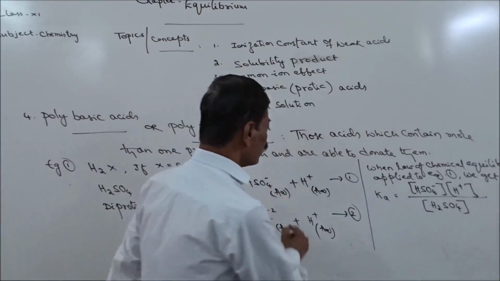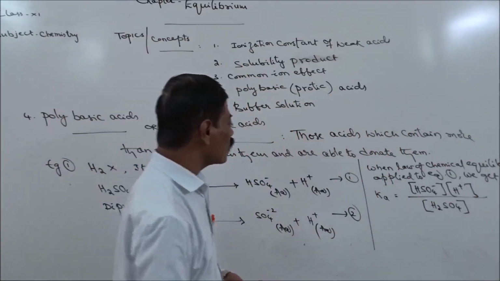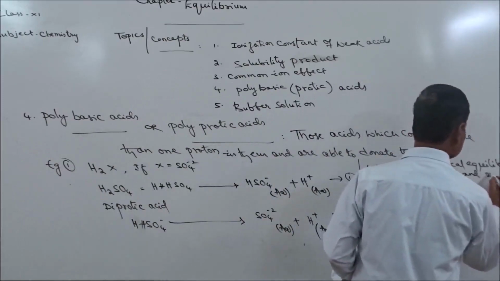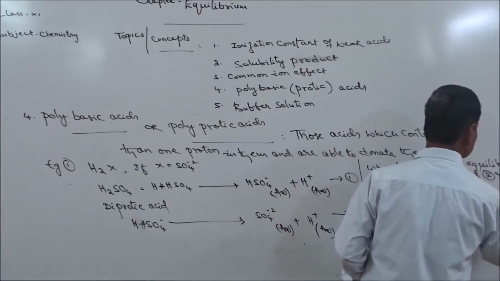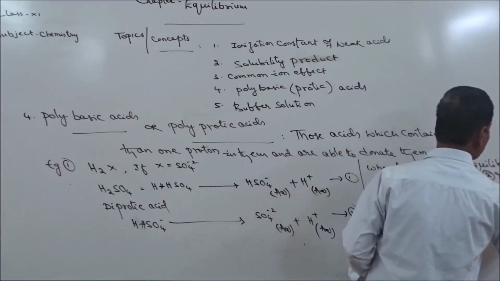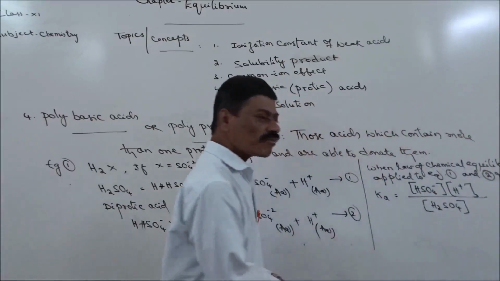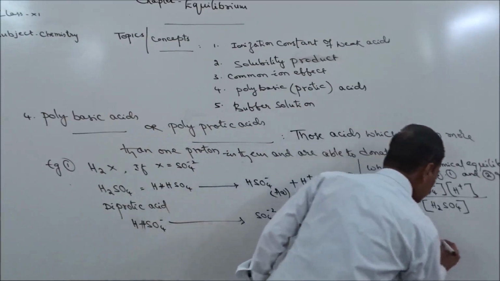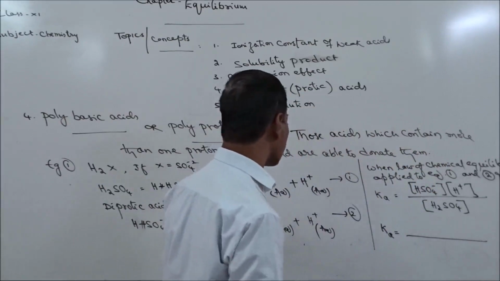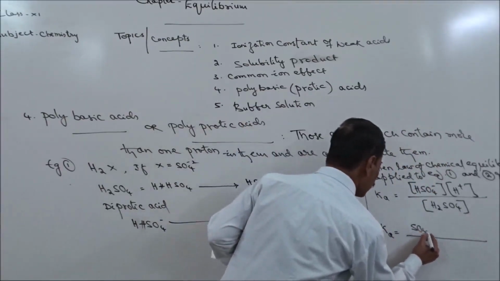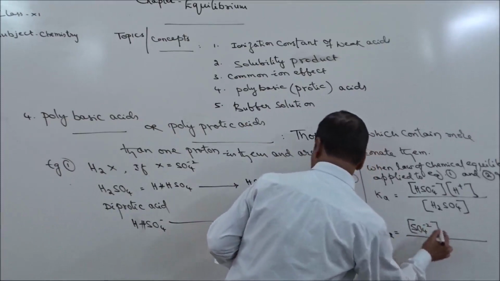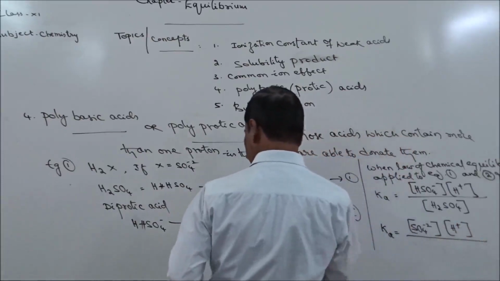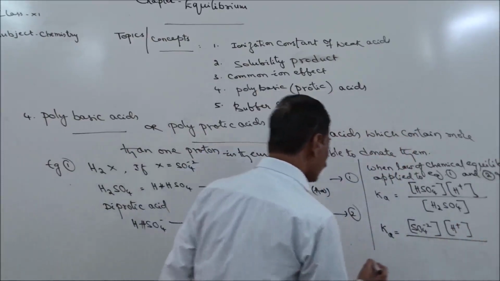Next, if we apply same law of chemical equilibrium to equation 2, we get, in the case of equation number 2, Ka is equal to, again, product of molar concentrations of sulfate dinegative ion multiplied by molar concentration of proton divided by molar concentration of bisulfate ion.